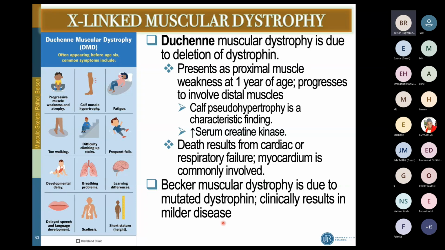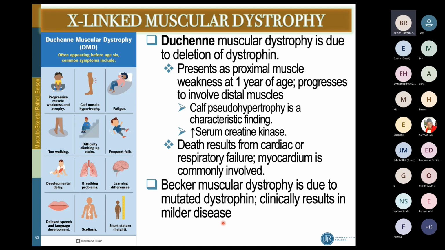So clinically, there will be proximal muscle weakness at 1 year of age. It progresses to involve even the distal muscles. So you have the proximal muscle, tuvuga niba ari ukuguru izo hejuru ziri kuri around the femur will be proximal, then izo hasi kuri tibia and so on will be distal muscles.